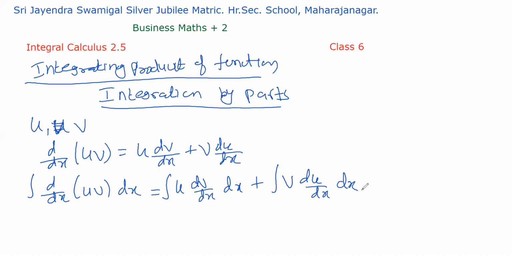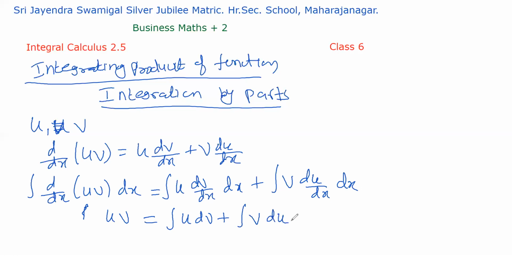We are considering the product rule in differentiation and integrating on both the sides. Here we simply get uv, and the dx cancels, so we have uv equal to integral u dv plus integral v du.